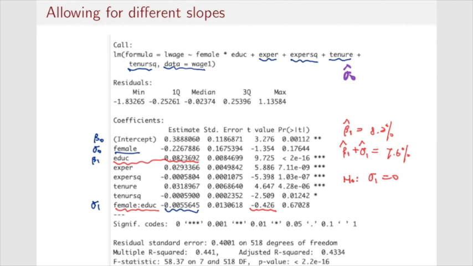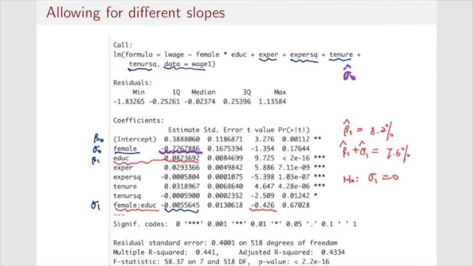Interestingly, if we check the intercept difference, delta 0 hat, on average, females earn 23% less than males when all other factors are held the same for these two groups. But now it's not significant anymore. This is because we added interaction terms, and now the coefficient is much less precisely estimated.